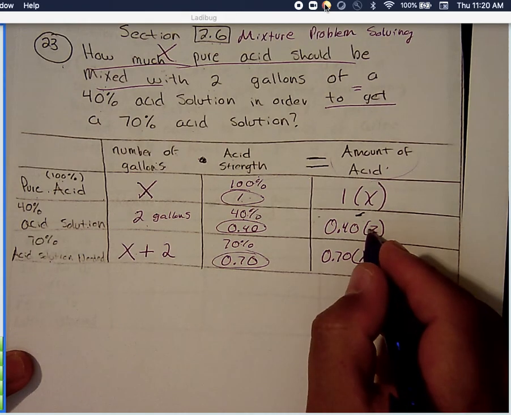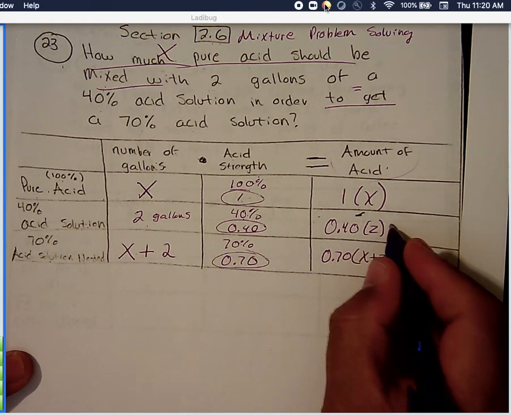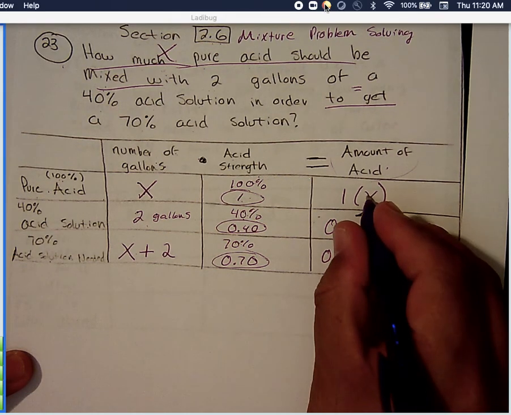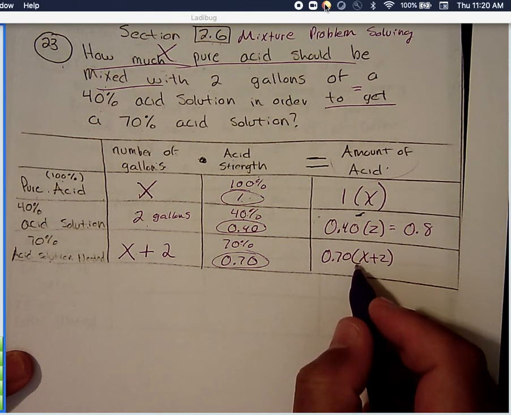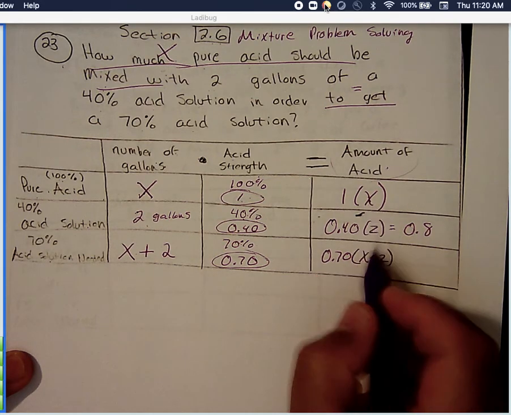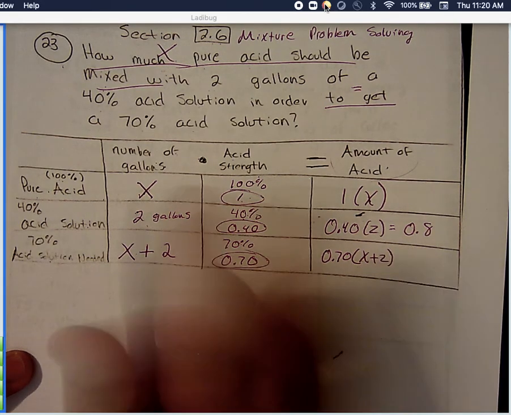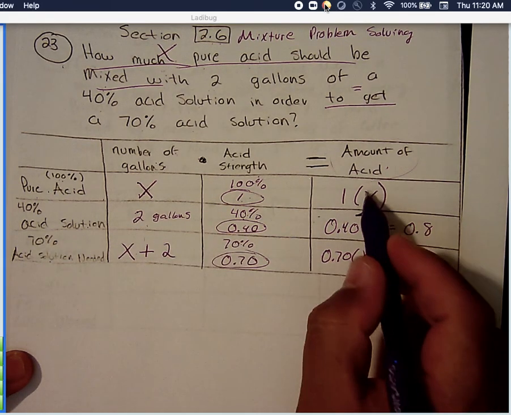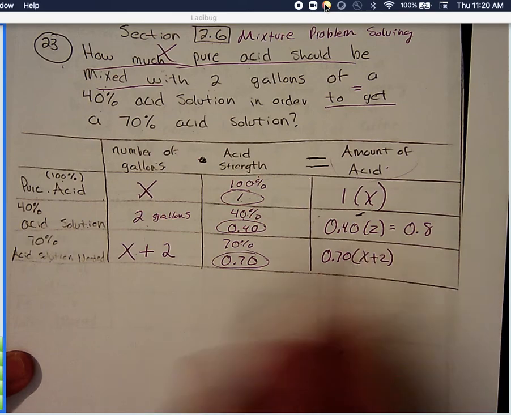Okay, that gives us 0.8, and that one we don't know, and that one we don't know yet. That's why we're trying to find the x. Okay, what we do know is everything's being added here.